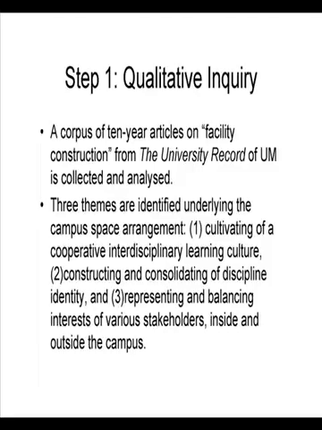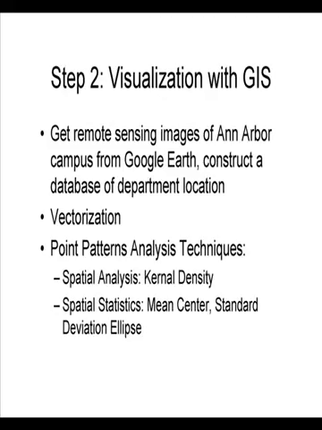First, we conducted a qualitative inquiry into the spatial practice of the University of Michigan. We got images from Google Earth and then did the pre-processing. After vectorization, we used the tools of ArcGIS to analyze.